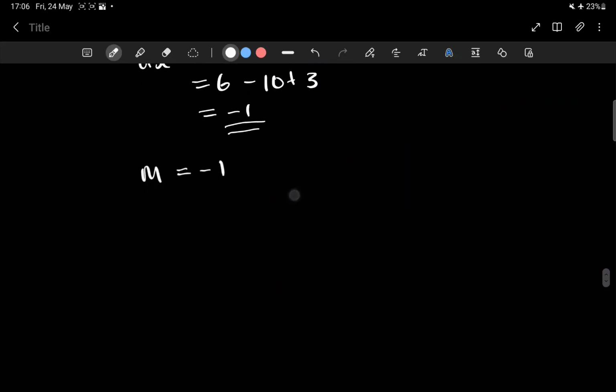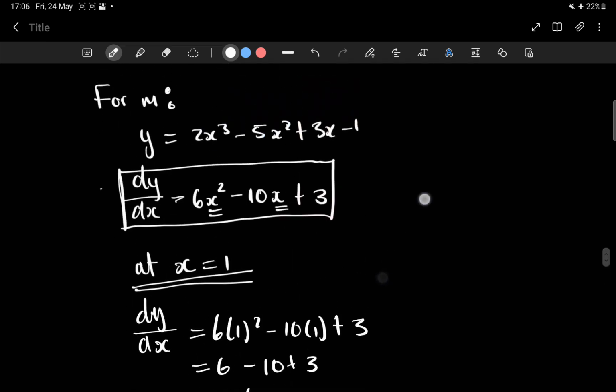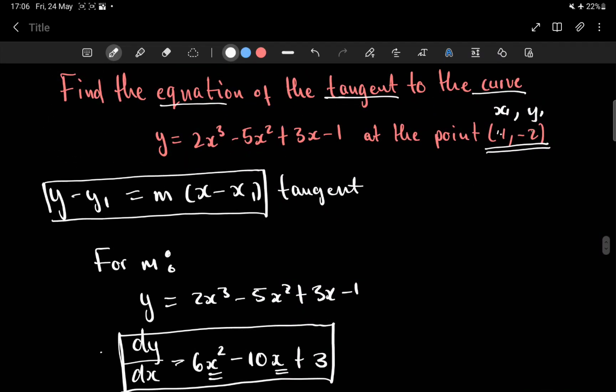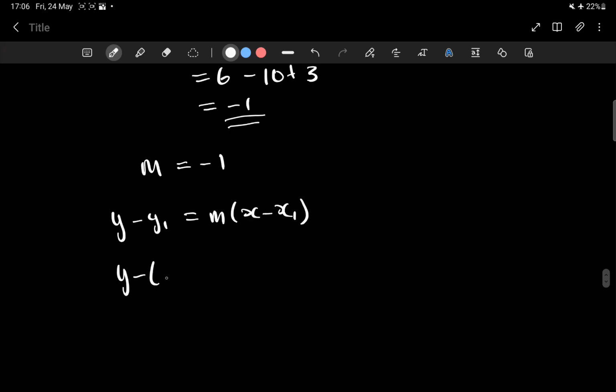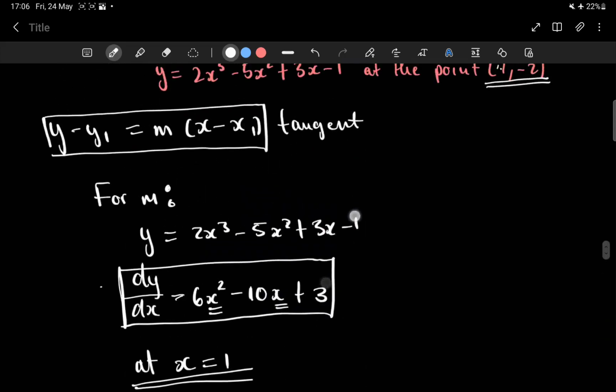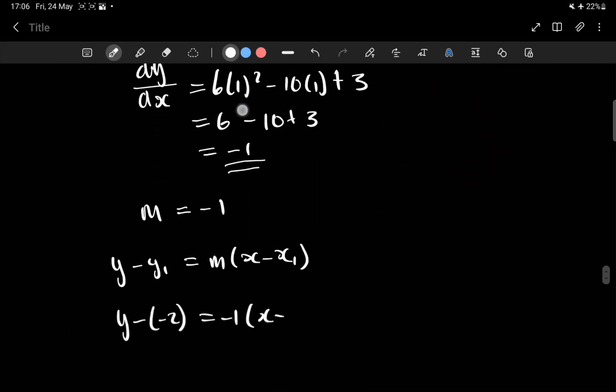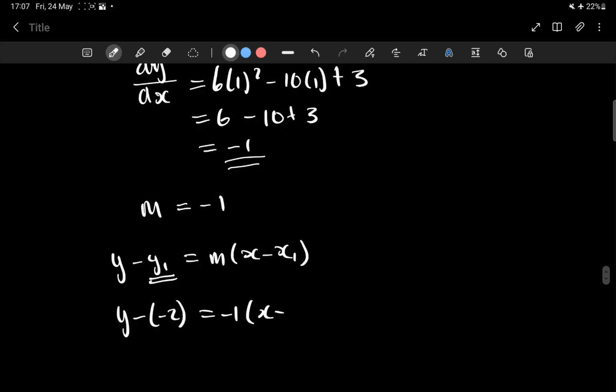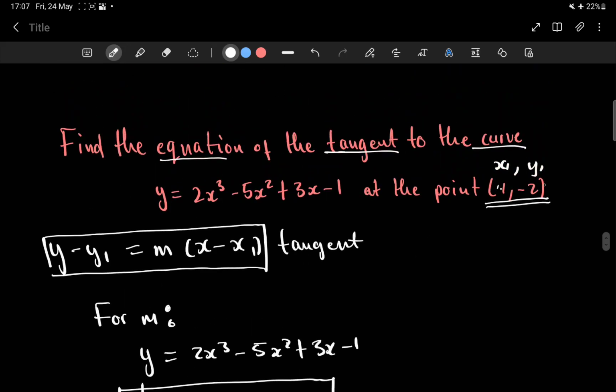So we can say y minus y1 is equal to m multiplying x minus x1. What's your y1? You can see it here. It is minus 2. So y minus negative 2 is equal to, what is m? Minus 1, multiplying x minus, what's the x1? Be careful there, because it is y minus y1, and y1 is negative 2.